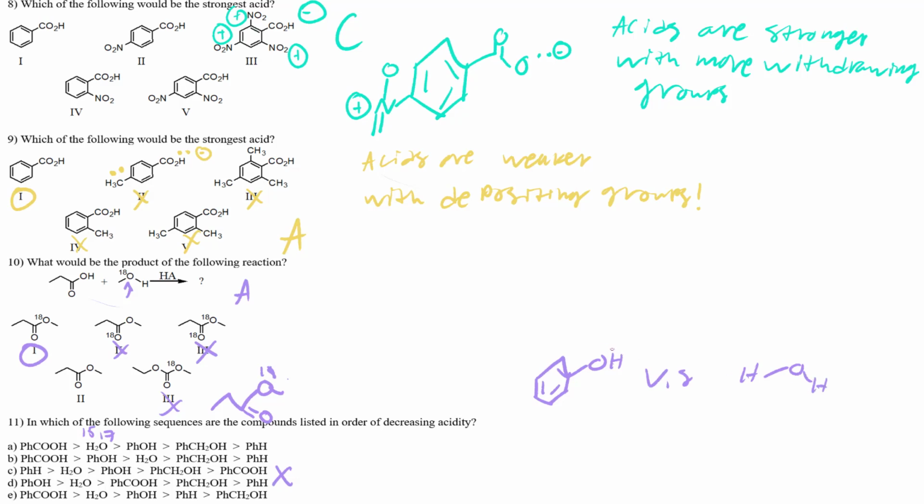Whenever I break out this hydrogen, I'm going to have some lone pairs right here, and these lone pairs can actually go around the benzene ring and form resonance structures. So overall, the phenol is going to be a lot more acidic than water, okay? So the phenol has resonance. So it's a better acid.